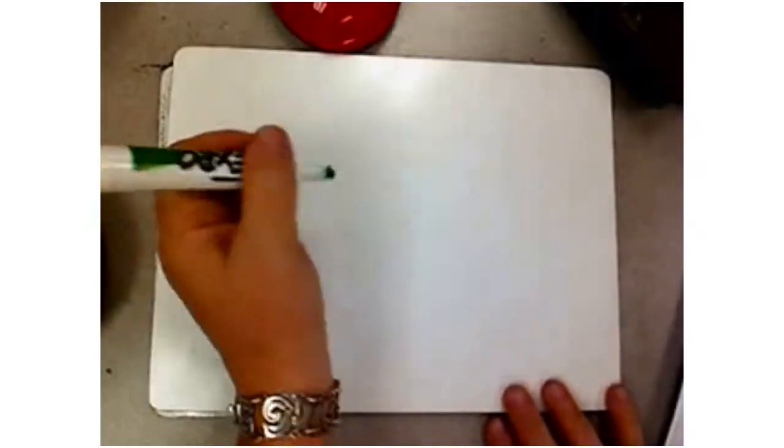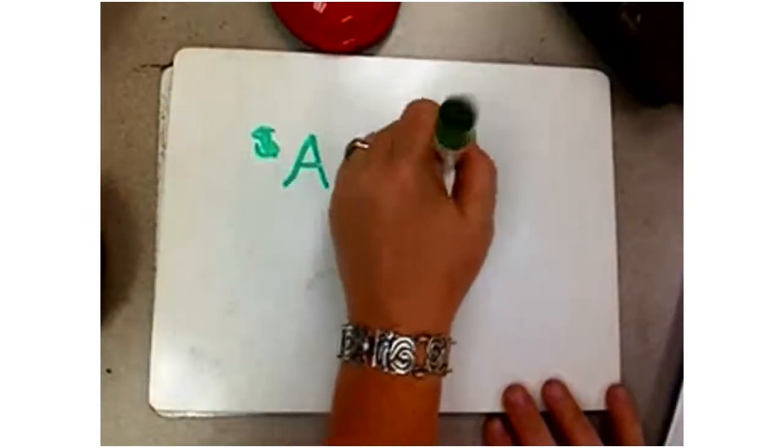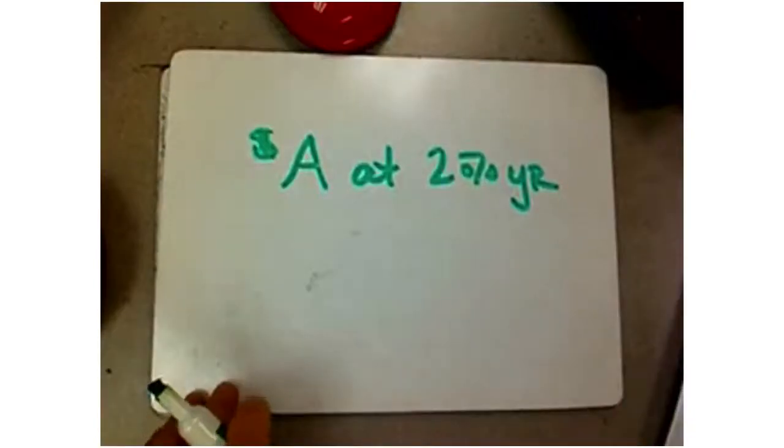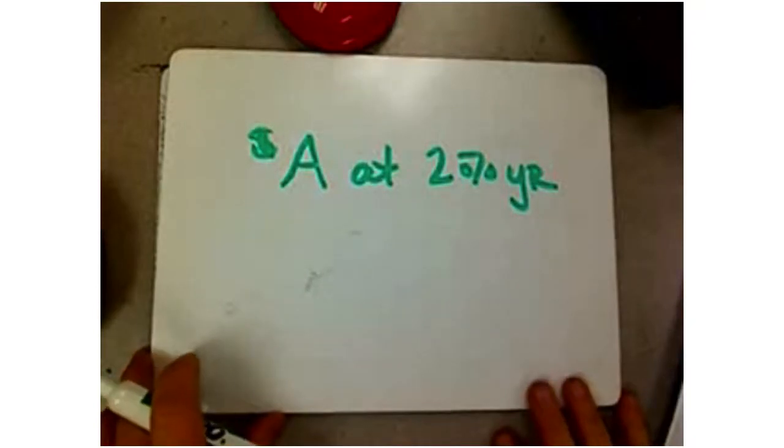All right, example 6 on page 175. It says Mary invests $80 in a savings account paying 2% interest per year. So I've got $80 at 2% a year. I'm just taking this information out of the problem and kind of making a picture of it with key points.